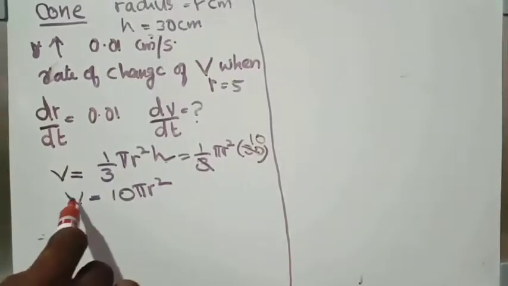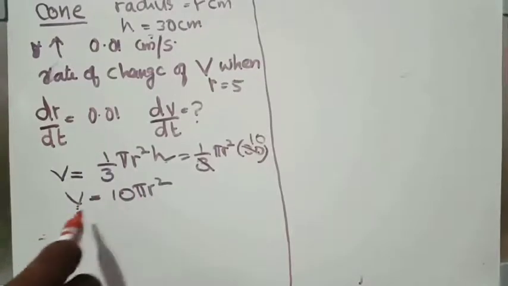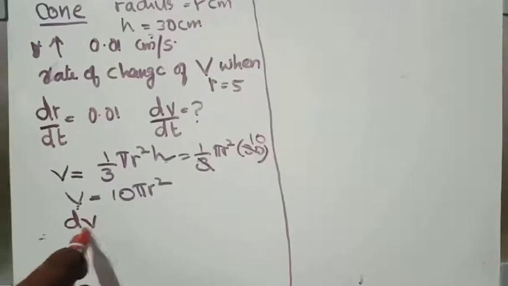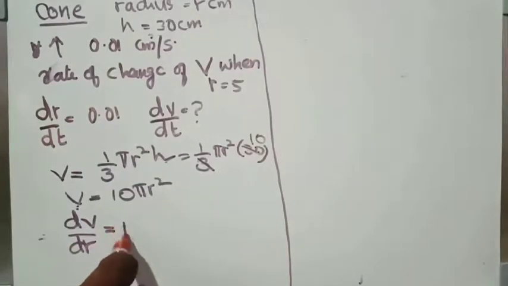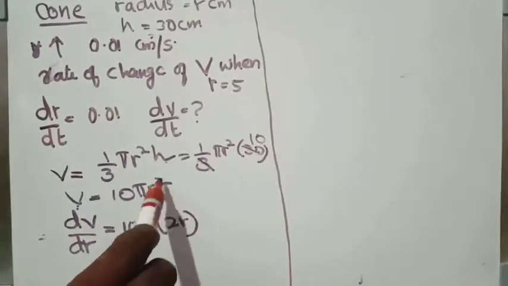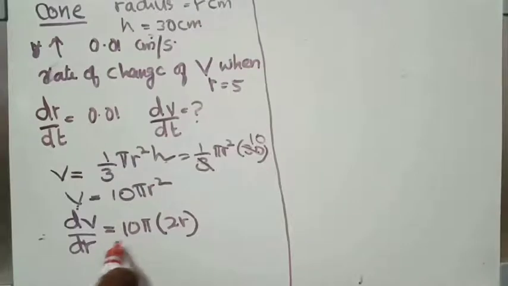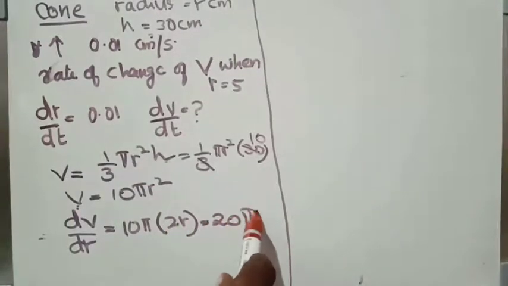Now let's find dV by dr. So dV by dr is equal to 10 pi of 2r. Derivative of r squared is 2r. We get it as 20 pi r.